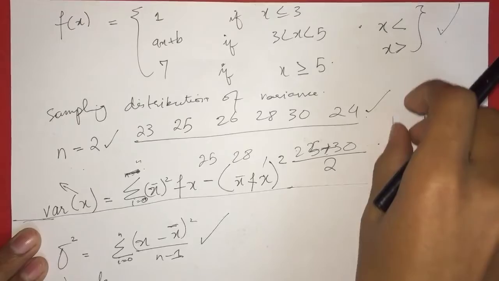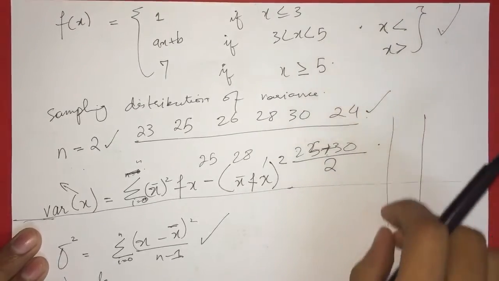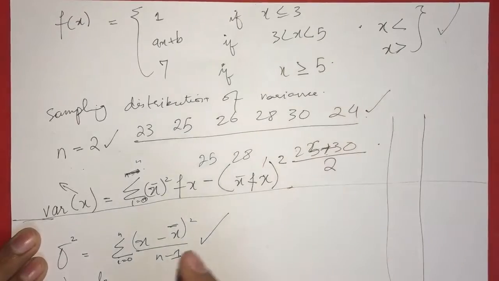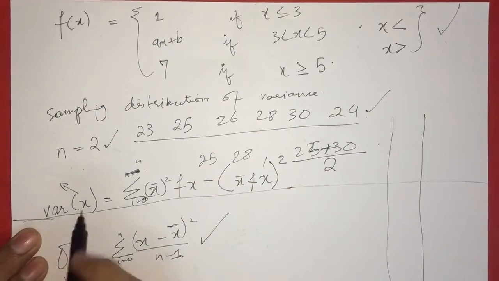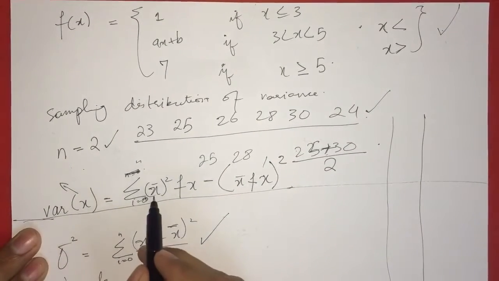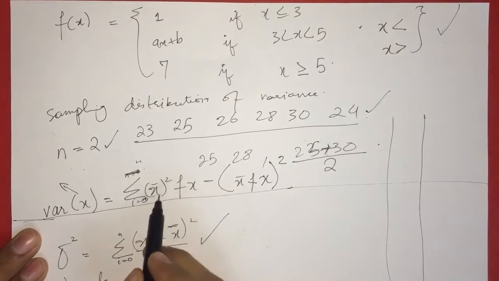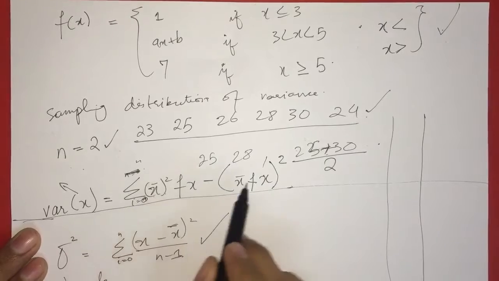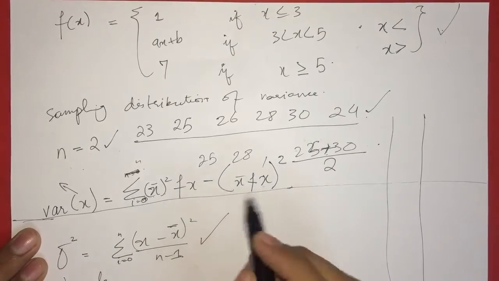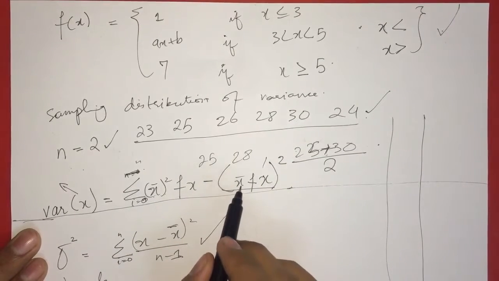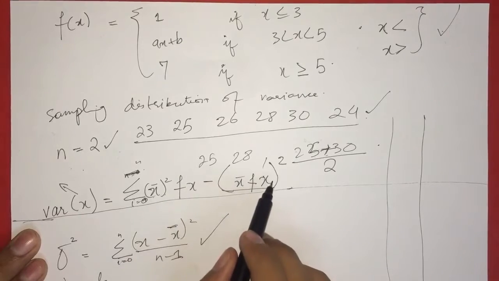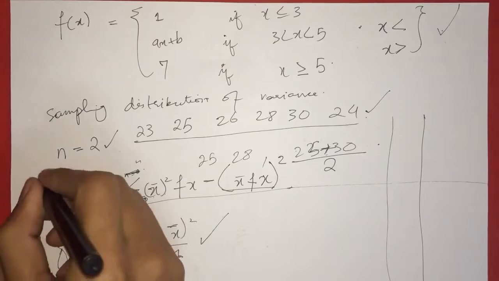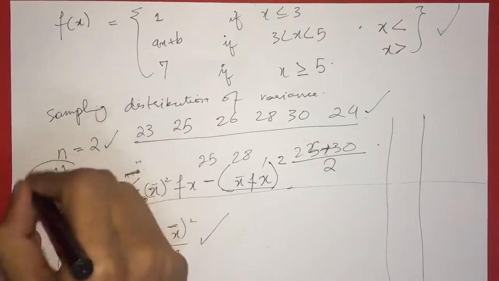Once we got all the means, we first found out the population variance by this formula. We took every mean, squared them, and multiplied by the corresponding probabilities. In the second part, we multiplied each mean by its probability, and then took the square, and then we subtracted, and we got 1.11, I think.